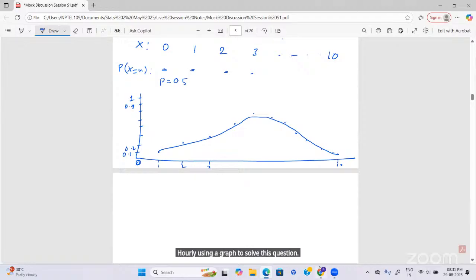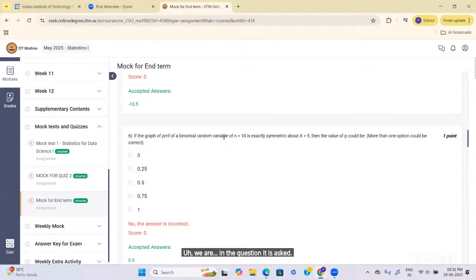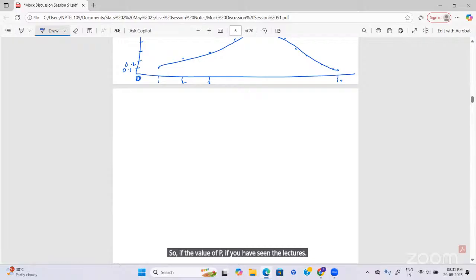In the question, it is asked that if the graph of the PMF of a binomial random variable with n equal to 10 is symmetric. If you have seen the lectures, it is already told that if p is less than 0.5, then the graph will be right skewed.